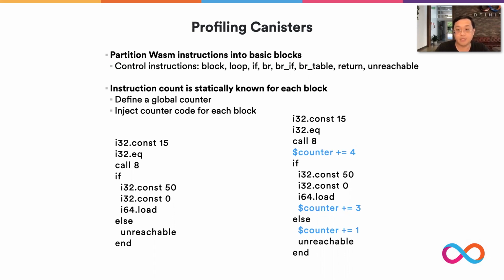So in this code, if we are running the then branch, the total cost will be 7. If you are running the else branch, the total cost will be 5. Each block's cost is known statically, but we do a dynamic counting for the control flow.